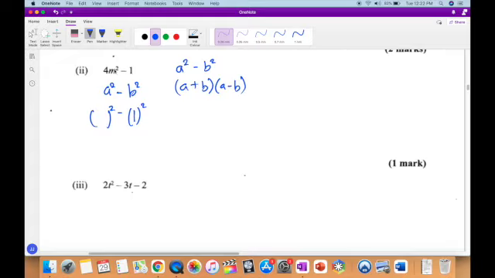You notice the m that's squared here, but this 4 could also be seen as 2 squared, so it'll be 2m. So if I square 2m, I would actually get 4m squared, because it would be 2 squared by m squared. So therefore I have my a and my b, so now I could simply say it's a, which is 2m, plus b into a minus b. Oh, I put minus b, which is minus 1.